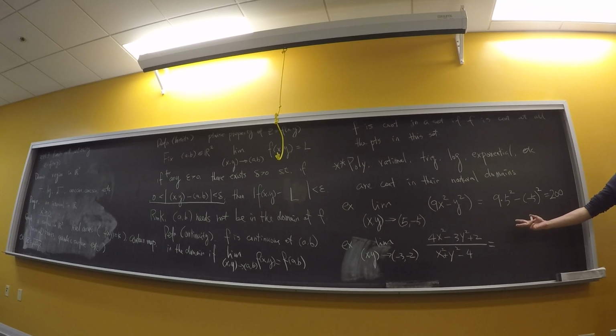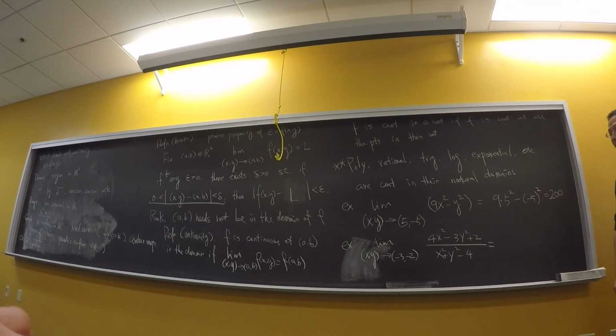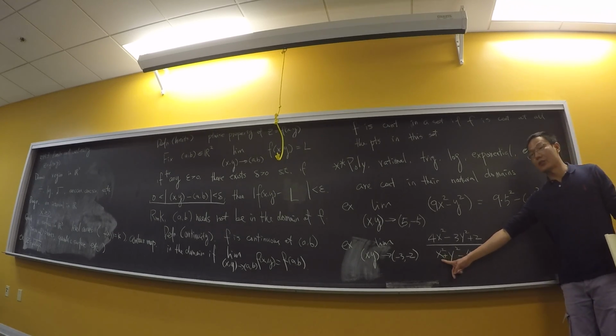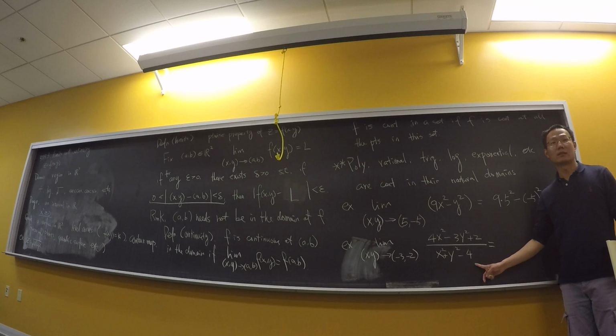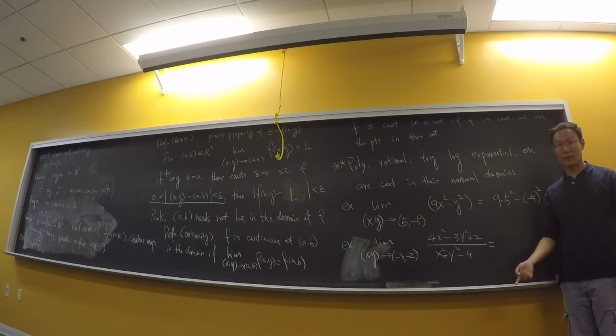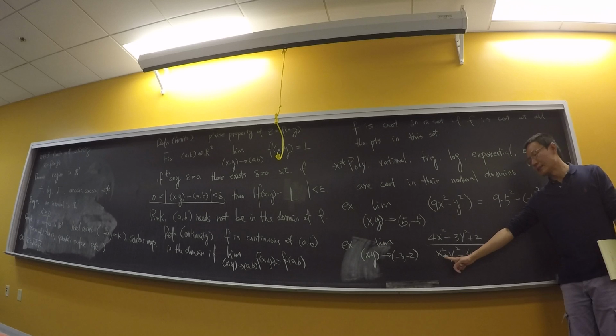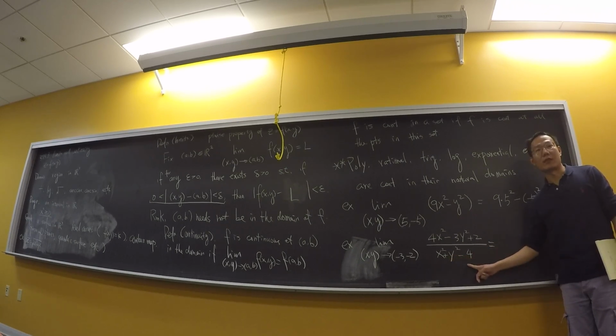So this is a rational function. Naturally there are restrictions related to a rational function, and that restriction is x squared plus y squared minus 4 is not equal to 0. You can solve this and find the domain of the function, right? So the domain of the function has to be all of R2 deleting, what do you have right here?